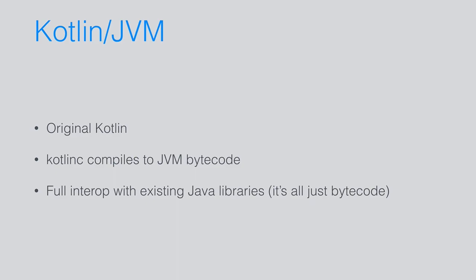Part of the reason they were able to do that is this full interop, since from Kotlin you can access anything from Java without needing interfaces, translation layers, all this kind of stuff.